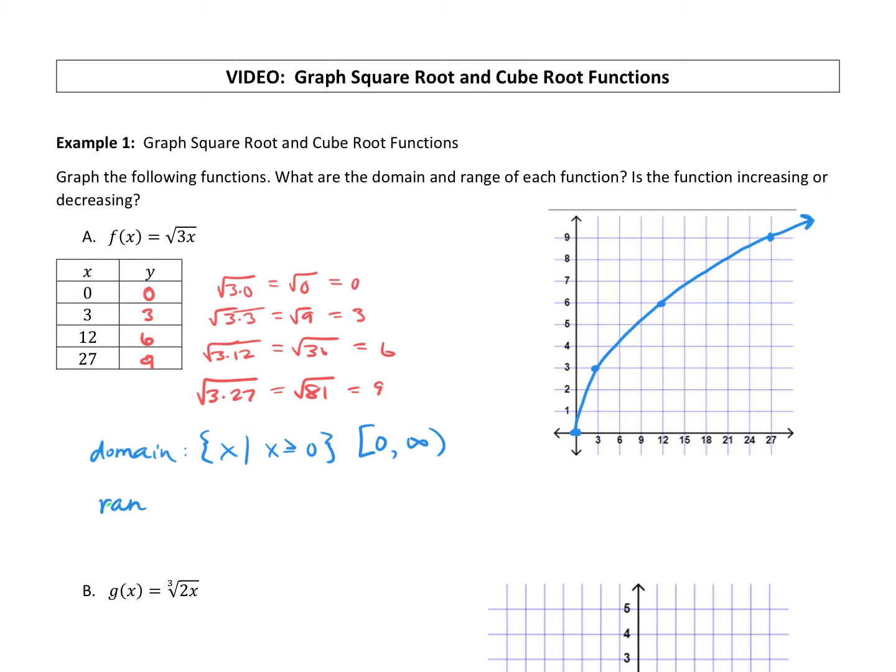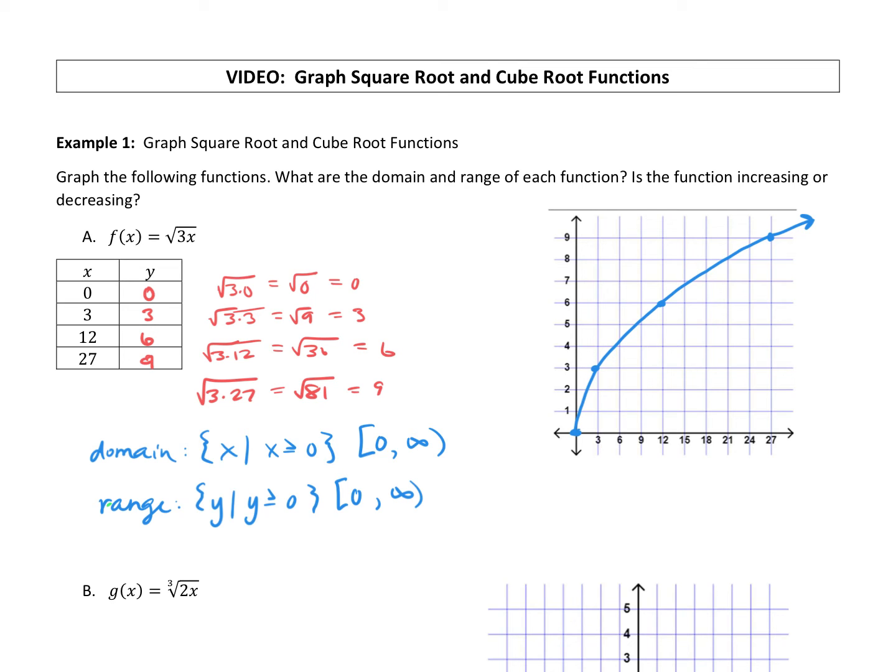Our range, so that's the y value. It starts here and it's going to continue this way. It's going out and up, so it's going to continue forever for all the y's. So all the y's are just greater than or equal to 0. That in interval notation would be 0 to infinity for the y's as well on your range.